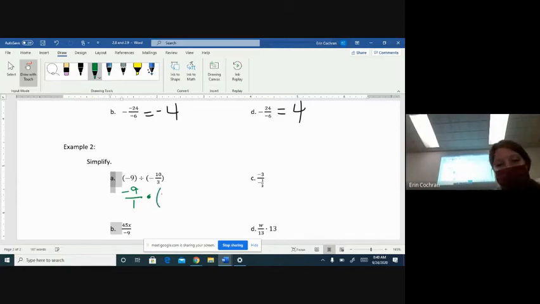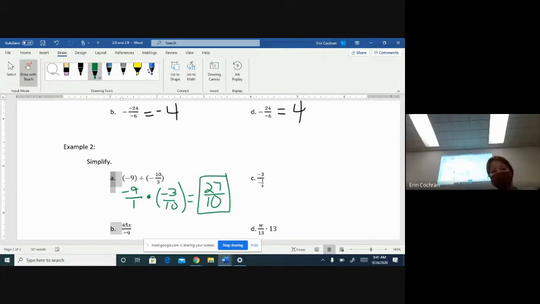Flip it to make it -3/10. All right, two negatives make a positive. Can I cross simplify on this one? No. So we're going to go ahead and just multiply. 9 times 3 is 27, and 1 times 10 is 10. So it's just 27/10. You do not have to turn these into mixed numbers. Leave them as improper. I like improper way better than mixed, okay? One less step, one less chance to make a mistake, okay?